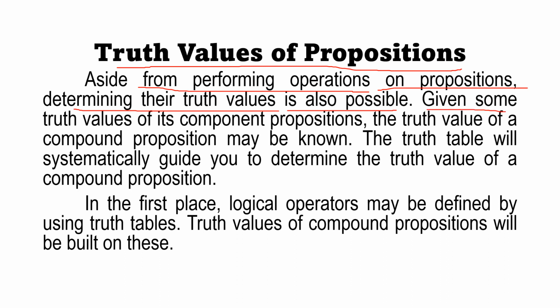Given some truth values of its component propositions, the truth value of a compound proposition may be known. We can easily determine the truth value of a compound proposition by dealing with the truth table, wherein we can put the truth value of each of the propositions involved.